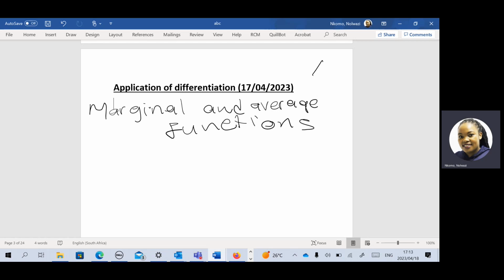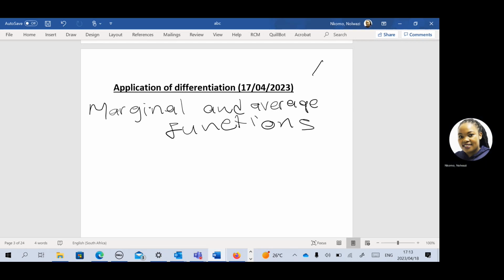What we know about differentiation is that the derivative of any function is the rate of change of that function. For example, the rate at which the total revenue changes is called the marginal revenue.